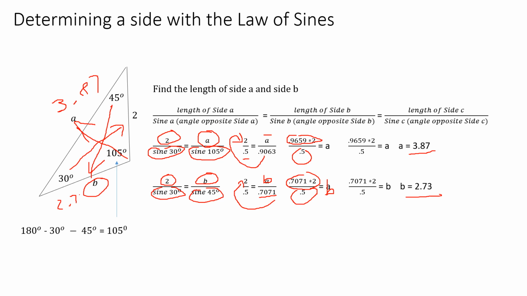And remember, to be a triangle, any two sides must be greater than the third. I can add B and this 2 up: 2.73 plus 2 is 4.73, which is greater than 3.87. 3.87 plus 2 is 5.87, which is greater than 2.73. And 3.87 plus 2.73 is already greater than 2. So this makes sense.